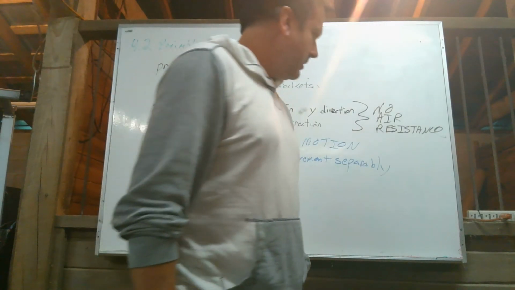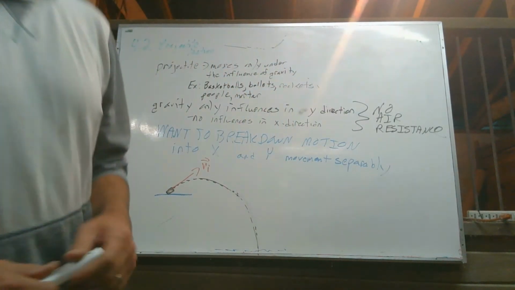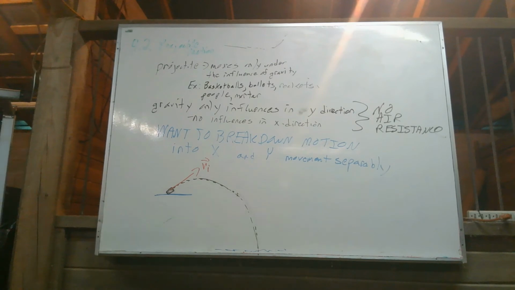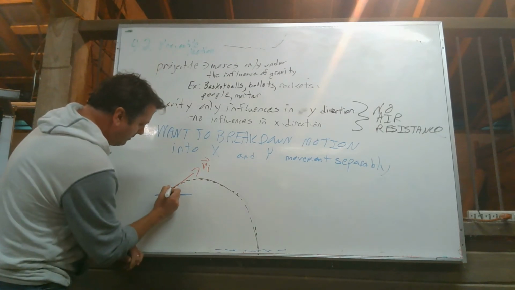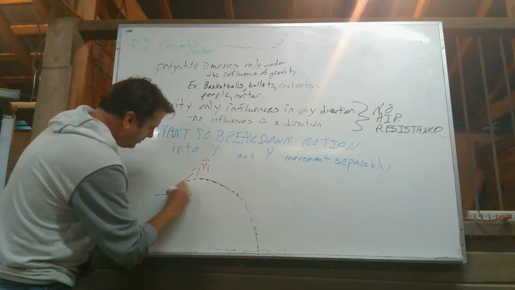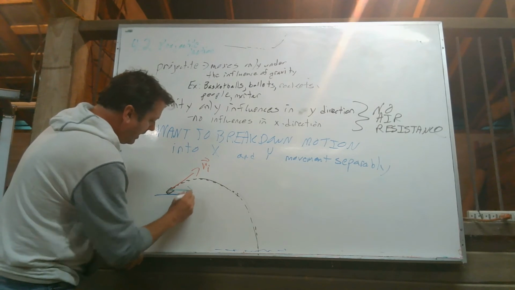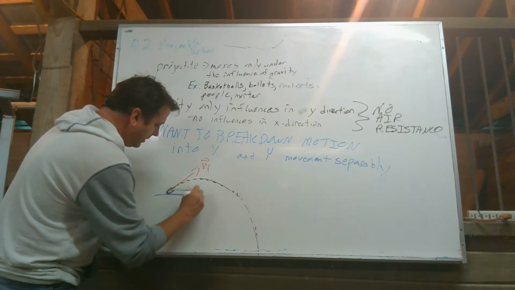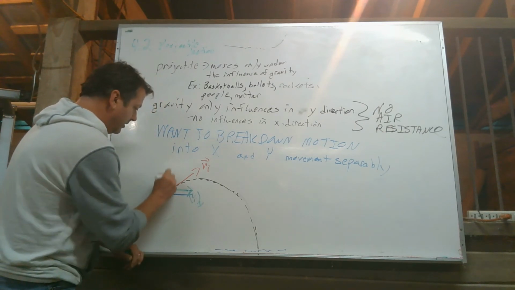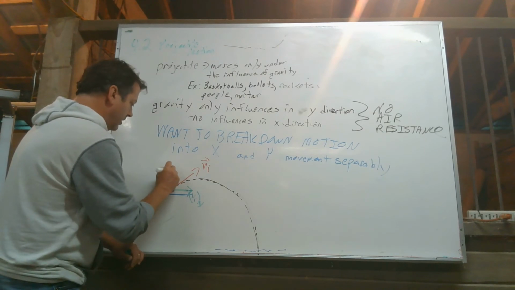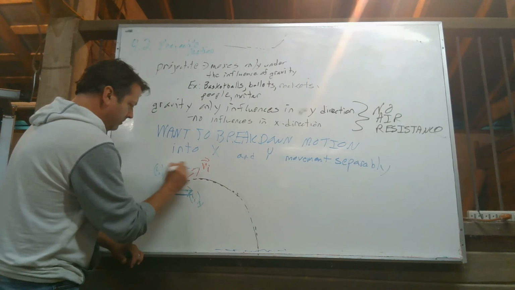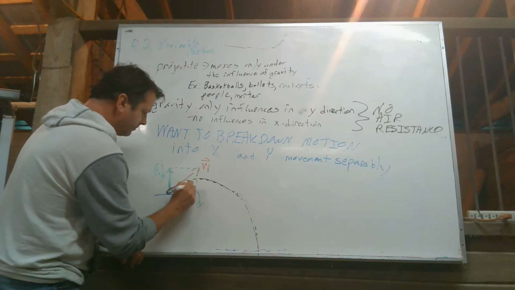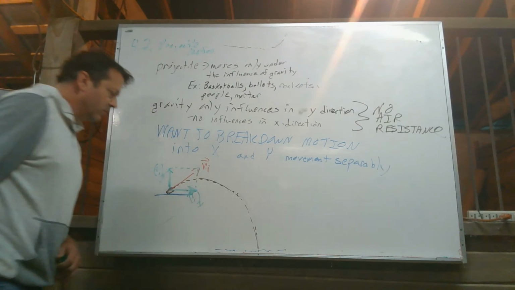And let me find what I did with the other markers. I'll just use the green. So that means if I break this down, I have some initial velocity in X and some initial velocity in Y. Okay.